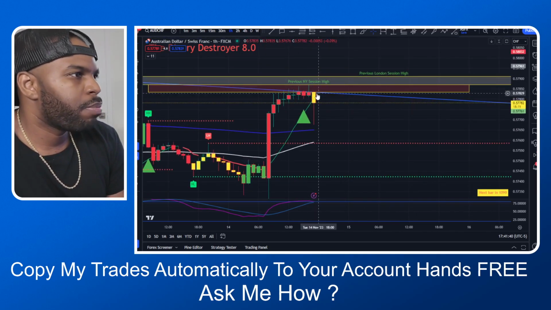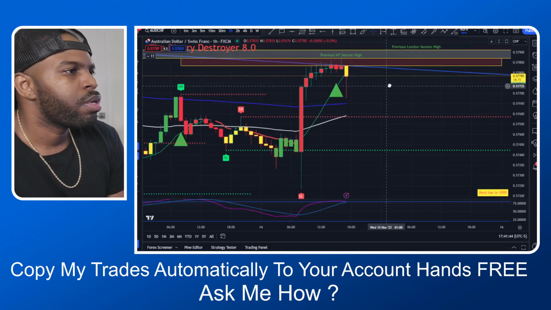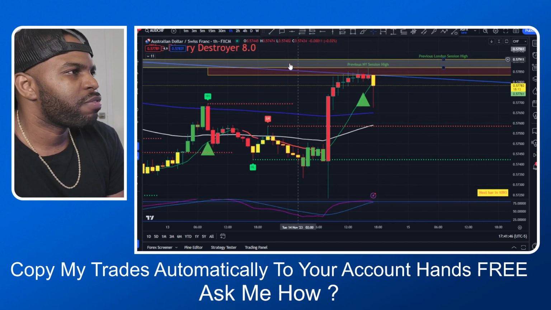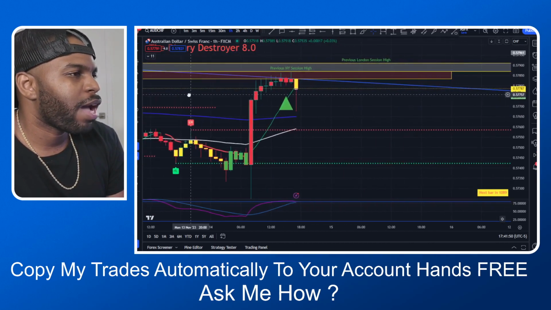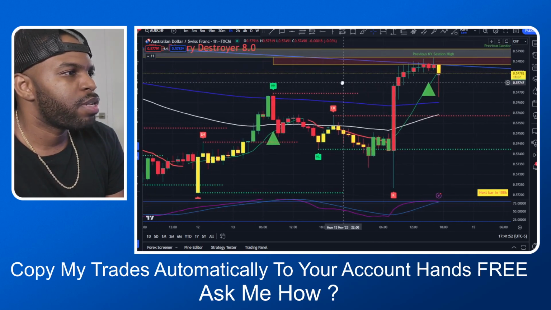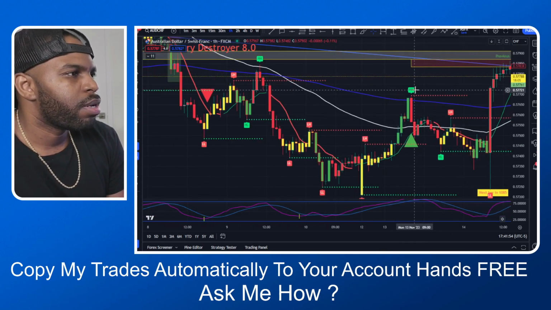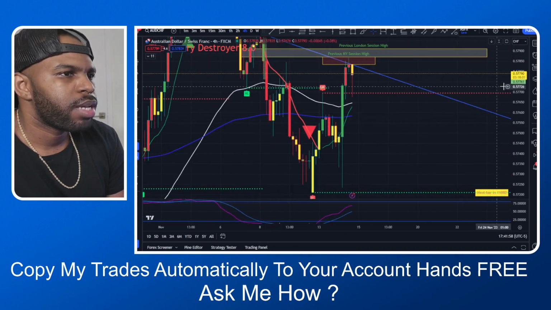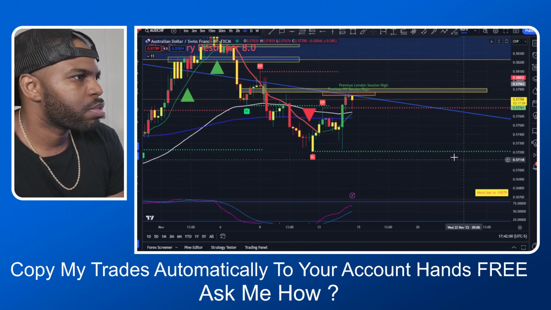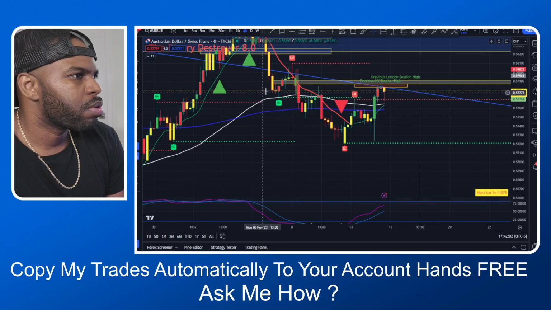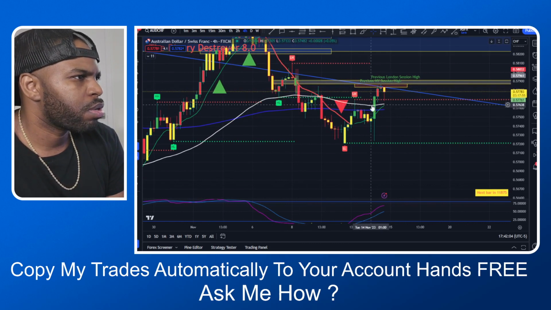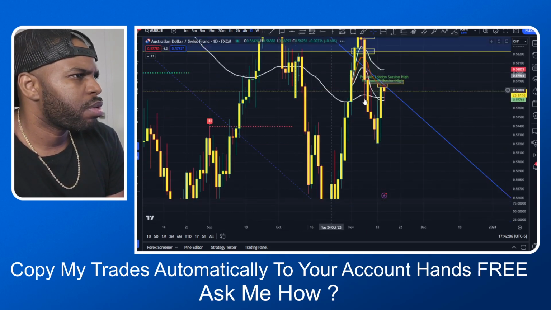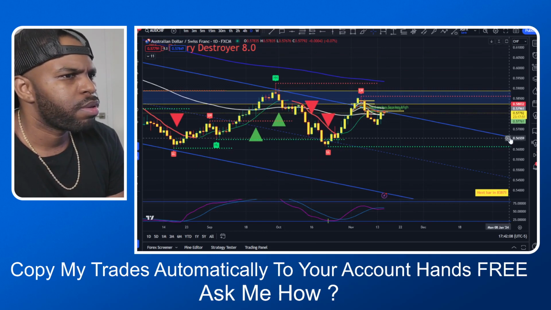So this might be a perfect opportunity to start selling, maybe. But then again, on the 4 hour, we are at a higher high. We created a higher high, so we might be going into an uptrend. You know, we got to see how this plays out. Let me go back to the daily here.